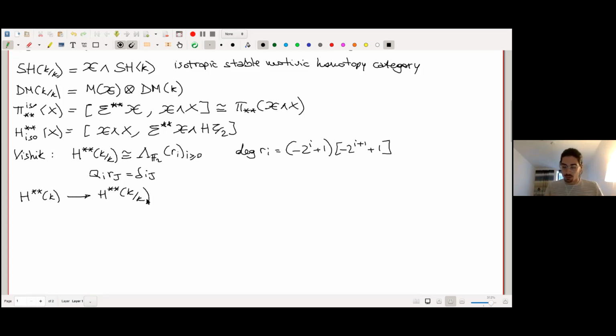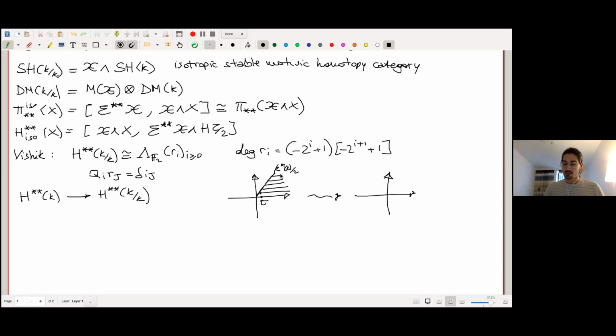I want to point this out with a small picture. For the usual one, by the result of Voevodsky, we know that we have a polynomial generator tau, and on the diagonal we have the Milnor K-theory of K modulo 2. Here the isomorphism is given by multiplication by tau.